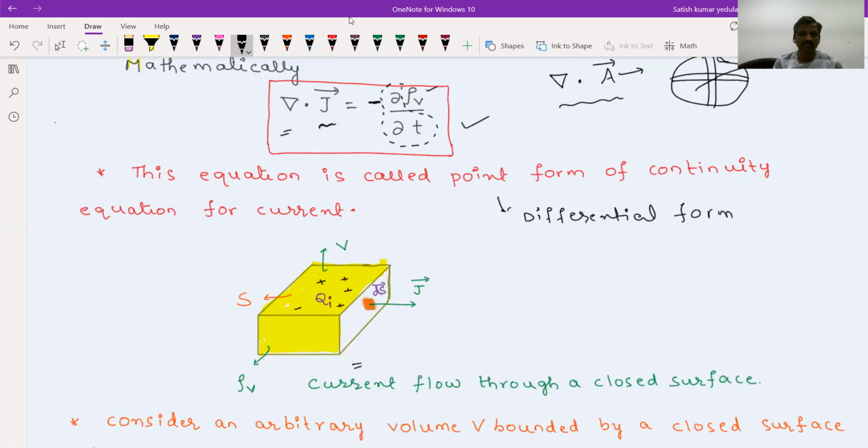If it's not on the surface, you should assume that these charges are inside, and let us take only a positive charge. That initial charge present inside the closed surface is, let's say, qi, the volume of the entire box is, let's say, v, and the surface area of the closed surface is s.